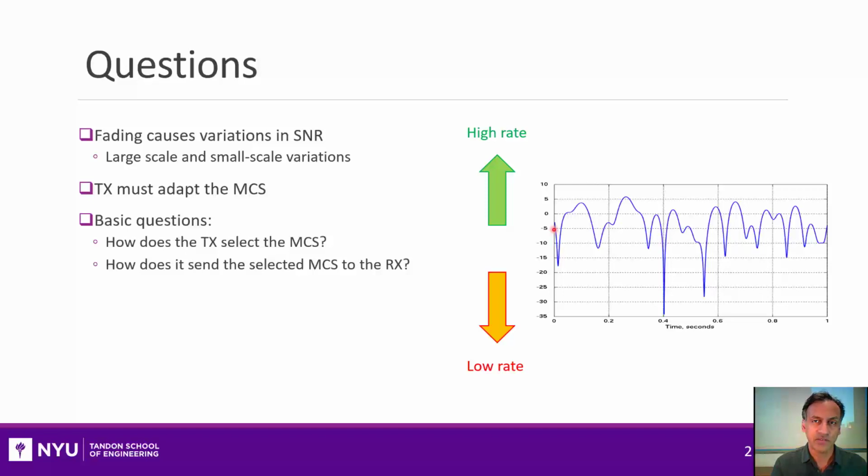And that sounds easy, but actually there are a lot of things you need to get right to make this system work. And then finally, you'll always invariably have errors that partially result from selecting the incorrect MCS, and we need to figure out how to design protocols that can overcome those errors.